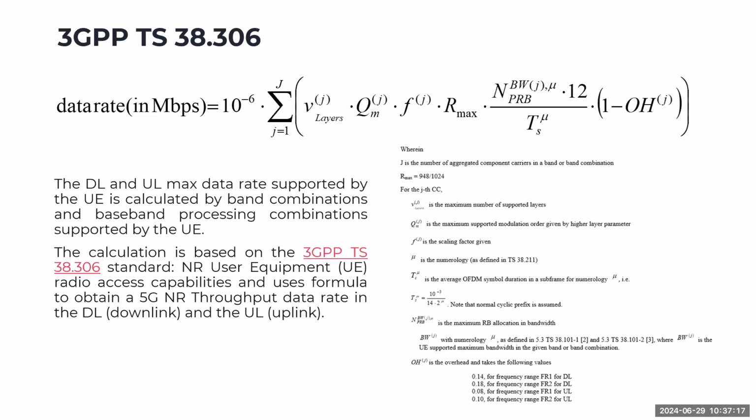Data rate in Mbps is equal to 10 to the negative 6 multiplied by the summation of the number of carriers multiplied by the number of supported modulation multiplied by the scaling factor multiplied by the maximum data coding rate, multiplied by the number of resource blocks multiplied by the number of subcarriers, divided by the numerology, and multiplied by the overhead.